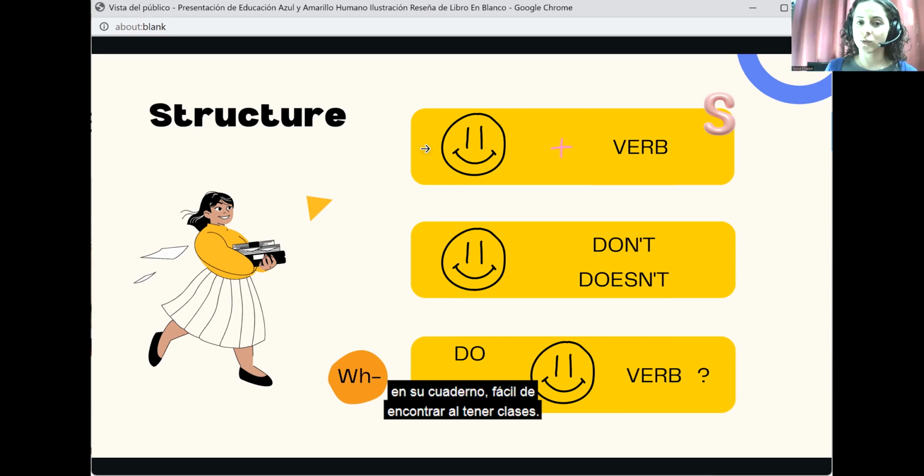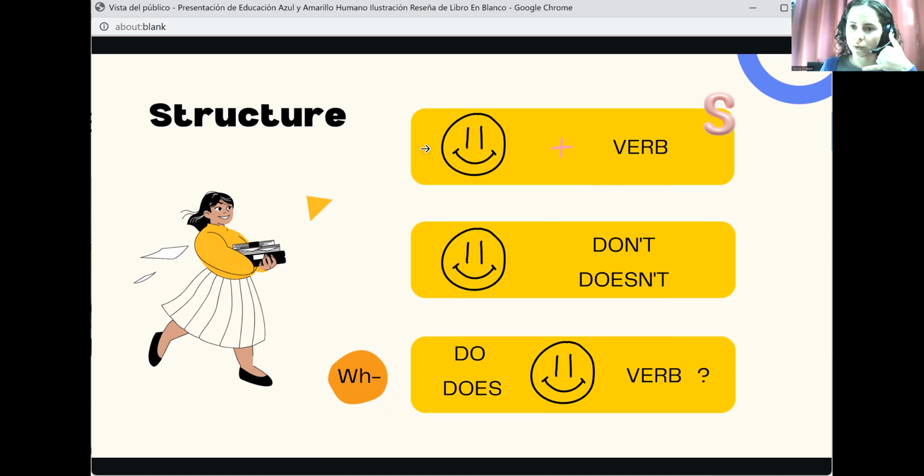Very easy to find when you have classes or when you are having conversation classes or talking to someone on the phone, whatever. You have it with you and you say, okay, I don't speak Italian, but my husband speaks Italian.